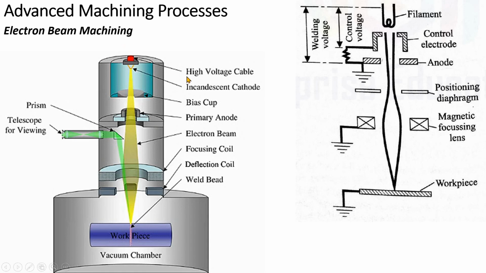So what happens is that we supply a very high voltage current onto the cathode. Because of this supply of high voltage current, this cathode or the filament, mostly it will be of tungsten filament, gets heated up. That is, the temperature of the filament will be very high, that is, it exceeds the work function. So work function is nothing but the energy that is necessary to release an electron from the particular material.